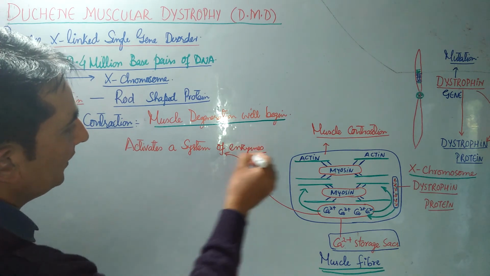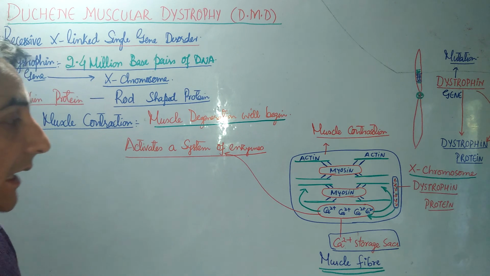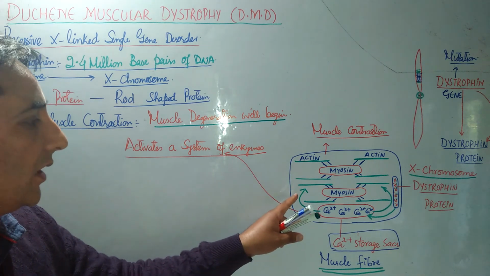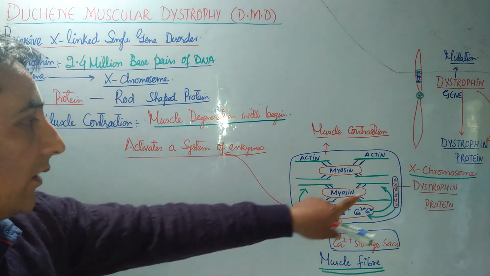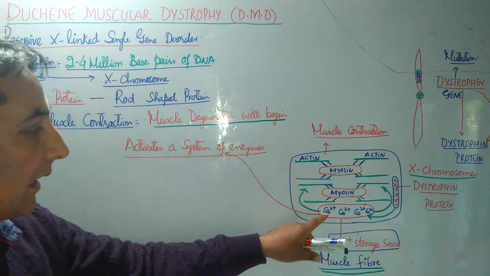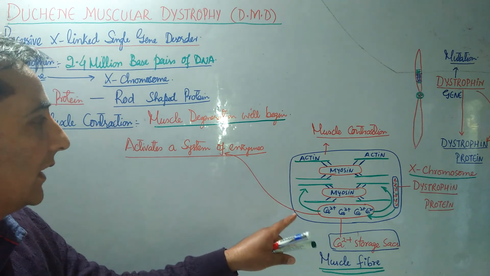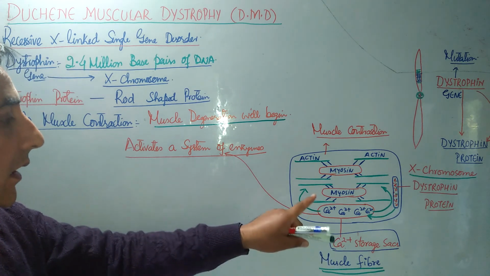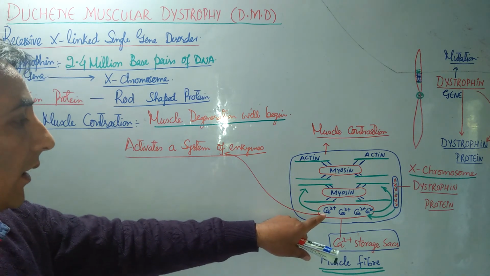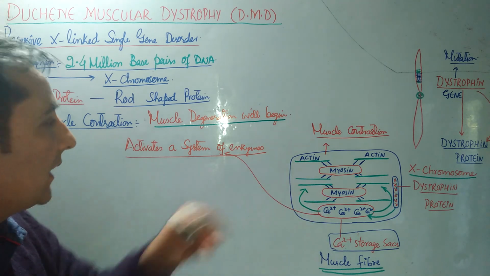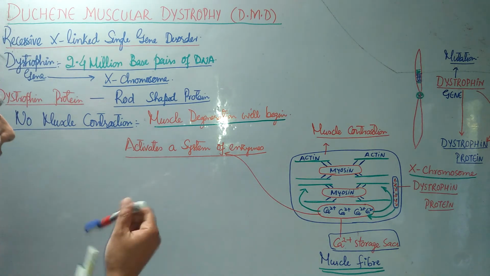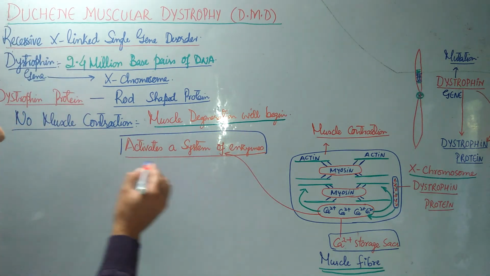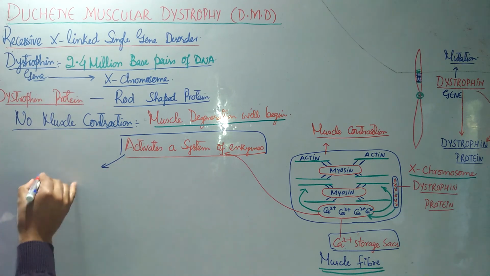So what usually happened was that the calcium ions used to get released from the calcium storage sacs to help in muscle contraction, but when the dystrophin protein was not formed, the calcium will remain inside the calcium storage sacs, no muscle contraction will occur, and the continuous staying of the calcium inside the calcium storage sacs will activate a system of enzymes inside the myocyte.